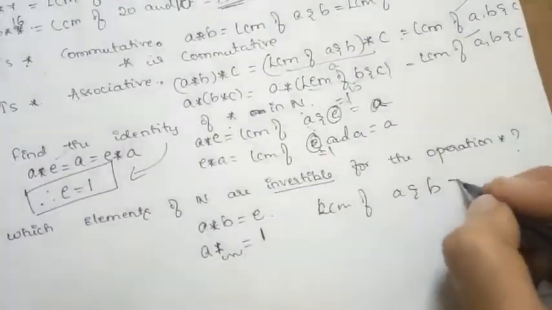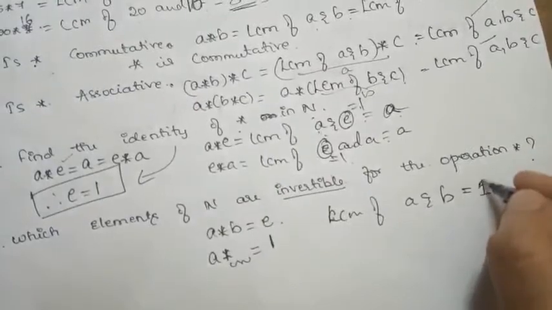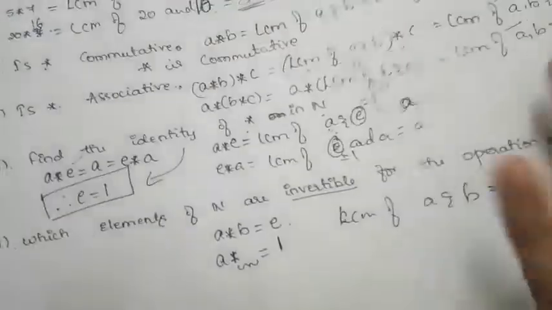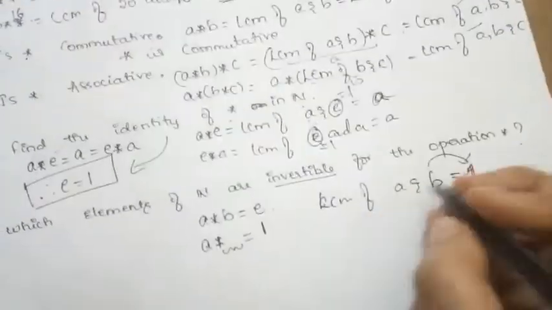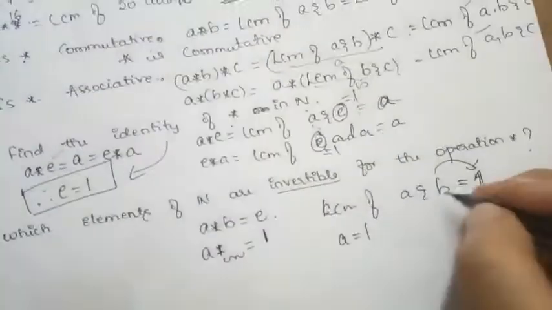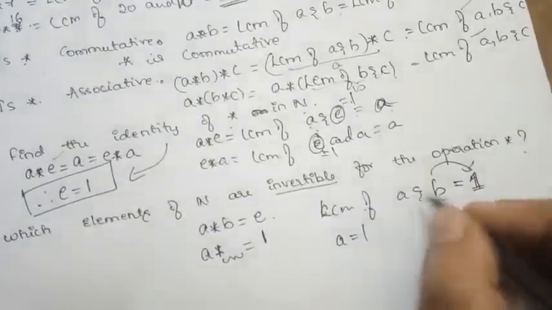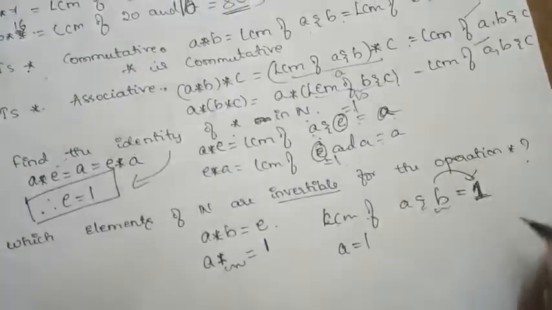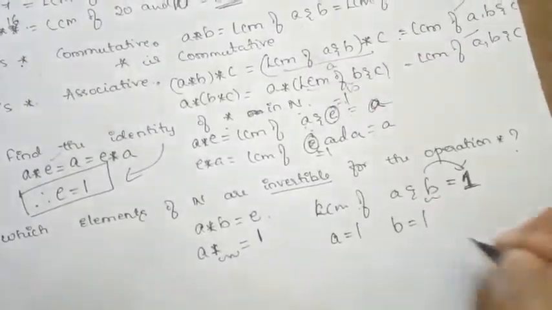So for what values of the LCM of those two numbers are we going to get 1 back? It is only when A is equal to 1. At that time the LCM of 1 with anything gives that number back, so we get 1 only when B is also equal to 1.